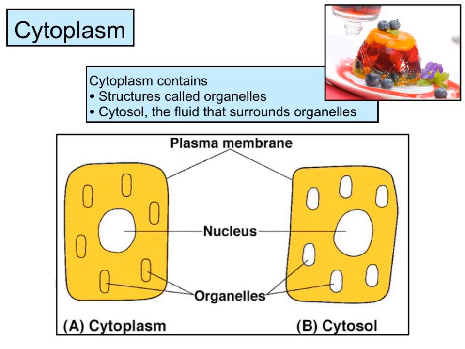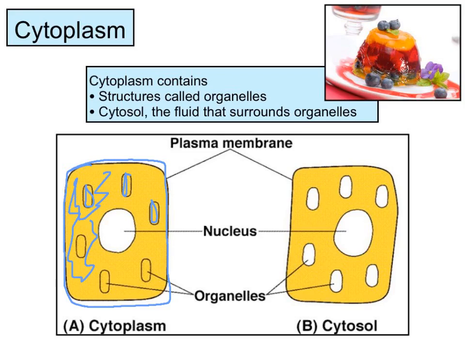So our cytoplasm. The cytoplasm is roughly everything inside of our plasma membrane. So our cytoplasm includes these little structures called organelles and the fluid that surrounds the organelles.